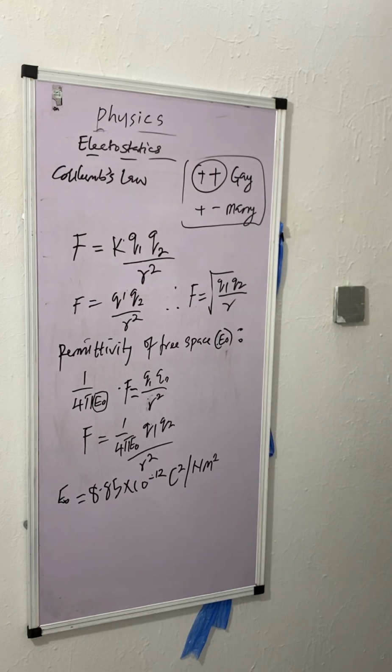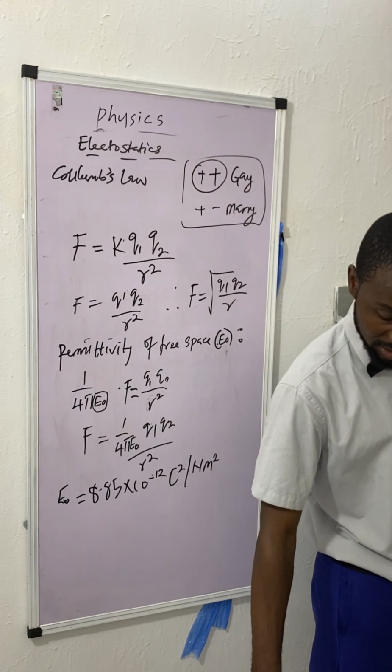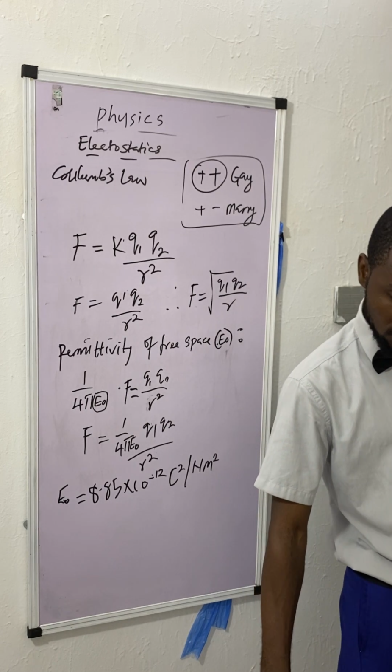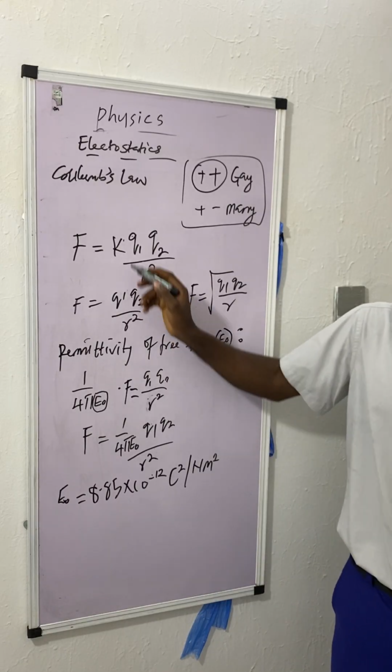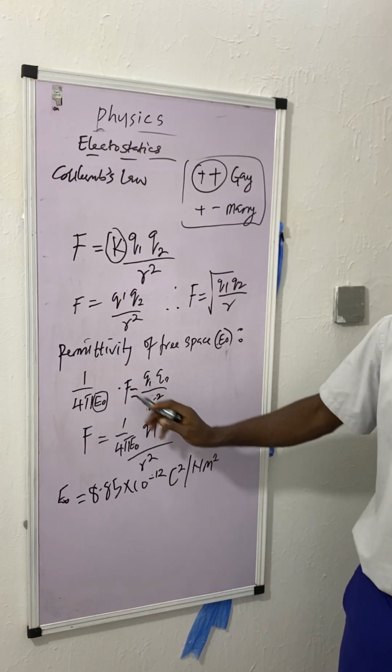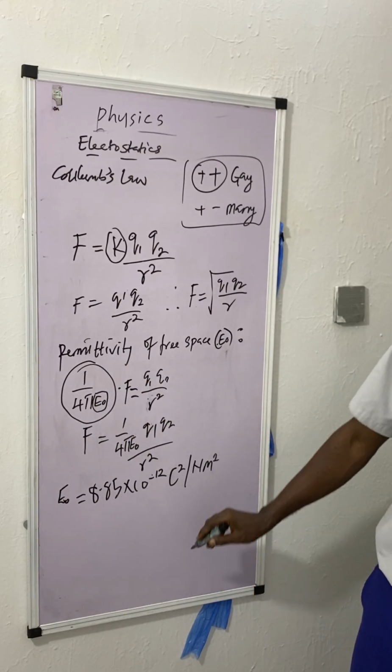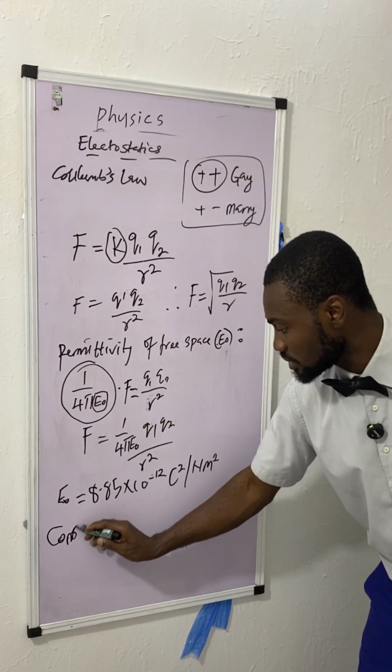So this one is the permittivity of free space, the constant. Then there's something called the constant of proportionality, which is the constant we spoke about here. When you bring the permittivity of free space and everything together, it's called the constant of proportionality.